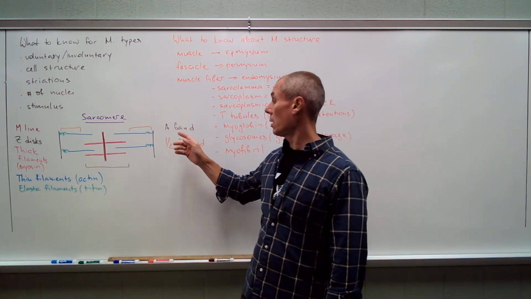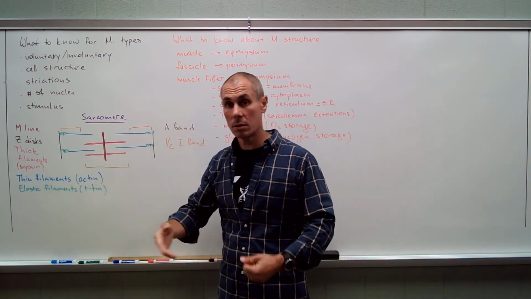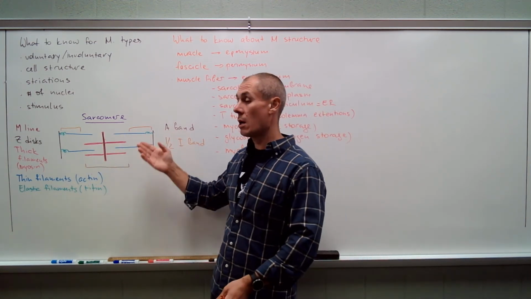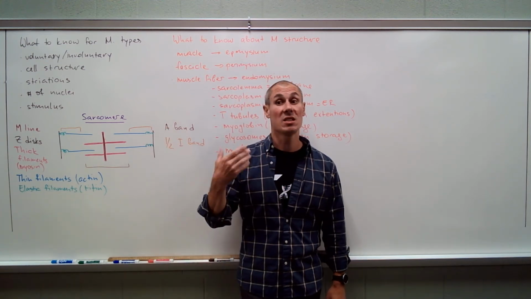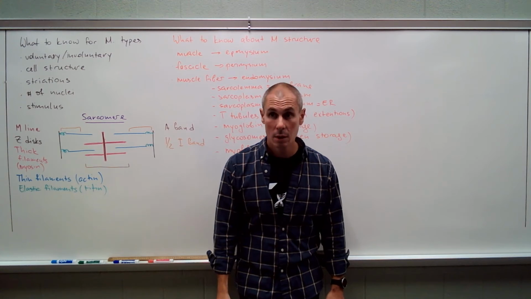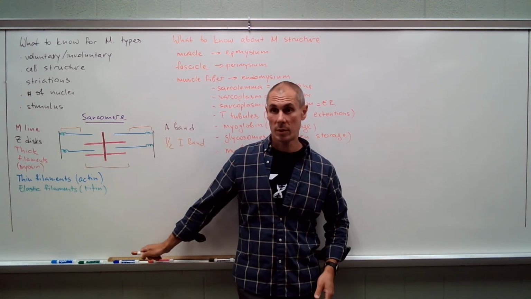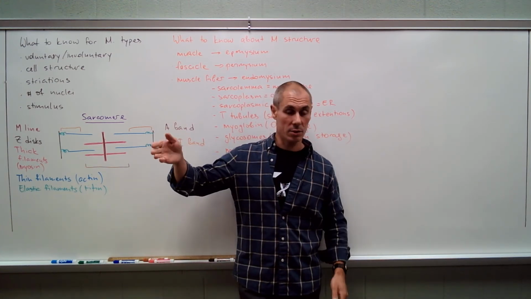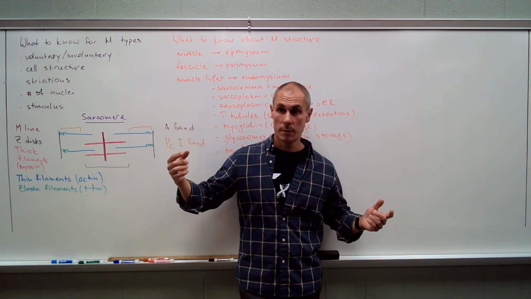The A band is darker because of the overlap. The I band is lighter. This is why we see striations. Remember striations, dark and light stripes on the muscle cell?